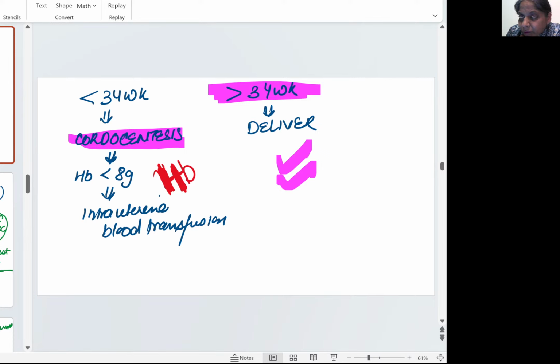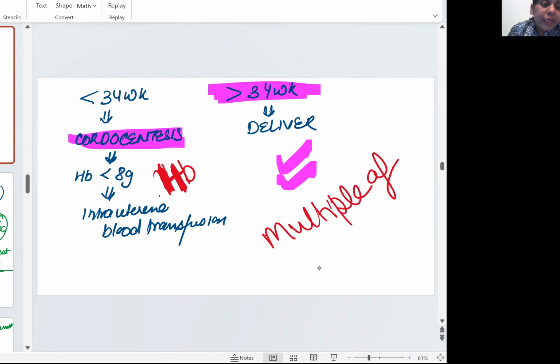What is MoM? It is multiple of median. It is the velocity unit.